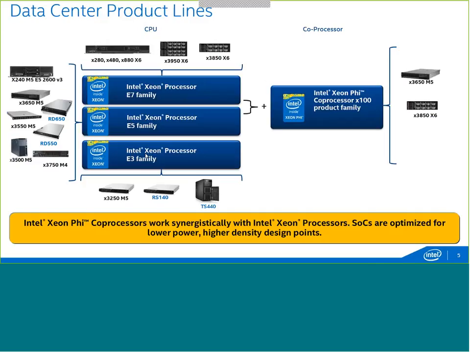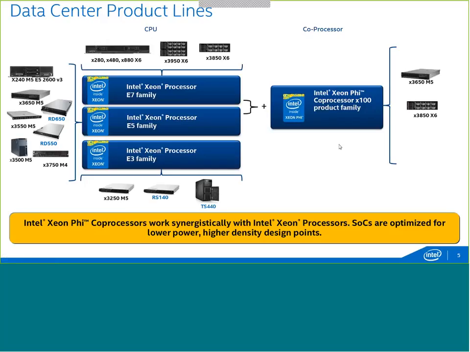So we have our E7, E5, E3. That is our main cadence as far as processors go. E5 and E7 are bread and butter server processors for heavy compute and high performance computing, along with the Intel Xeon Phi coprocessor on the right side, which is highly designed for 100 threads or more, or highly parallelized code.